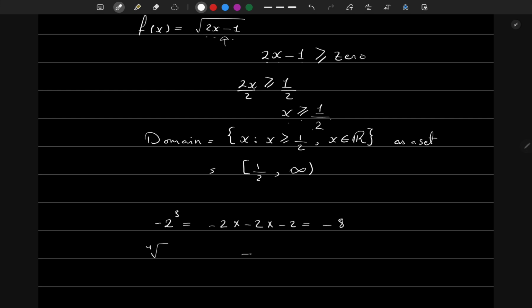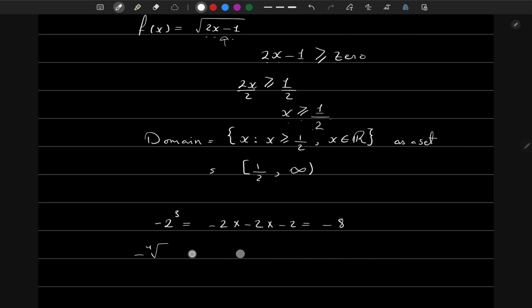Okay, let's see. Negative 2 by negative 2 by negative 2 by negative 2 again equals, here I have 4 and here I have 4, and this equals 16. So again, with the fourth root, I cannot have a negative number under the root.